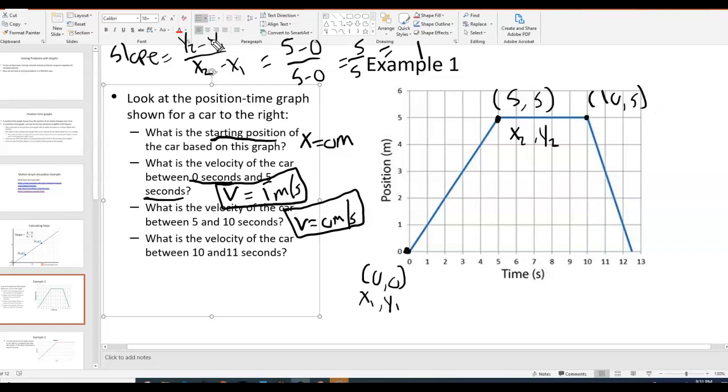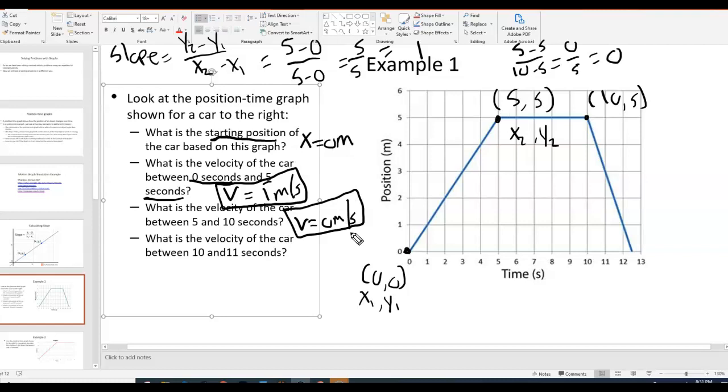You plug into the equation for slope, and you're still going to get 0. When you do y2 minus y1, you get 5 minus 5, divided by x2 minus x1, 10 minus 5, and on top 5 minus 5 is 0. And 0 divided by anything is 0, so either way you would get 0 meters per second.